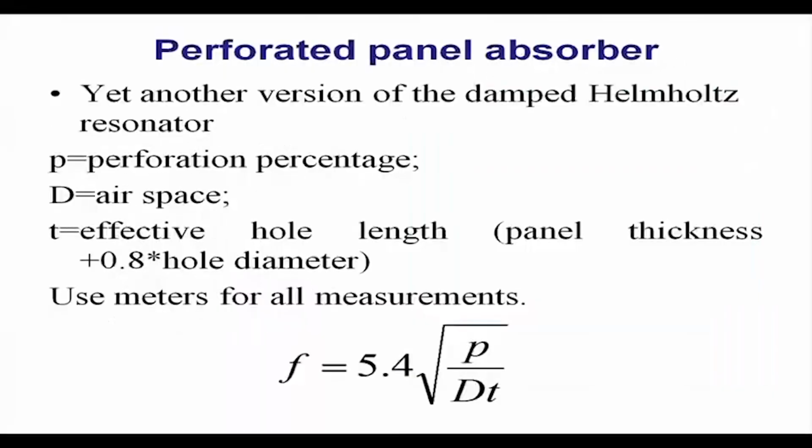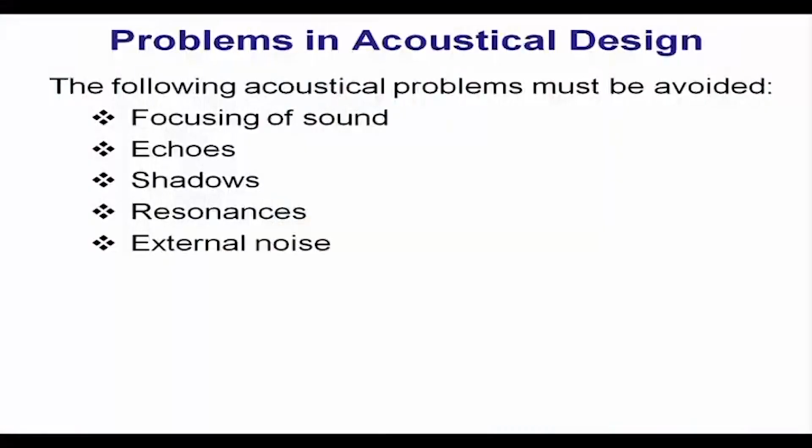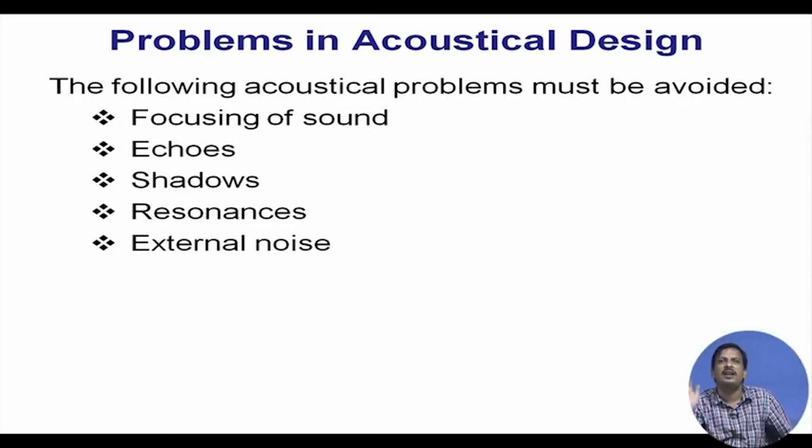But for designing any studio or auditorium, acoustic room, or even drawing room acoustics, there should be no focusing of sound, no echo, no shadow, no resonance, and external noise sources must be minimized. So, if I build an auditorium near the highway and I do not take care of the highway noise passing into the auditorium, then the auditorium is useless, because the highway noise will easily enter it. So, to avoid that external noise, keep the external noise source far away from the auditorium, that is the basic consideration for auditorium design.